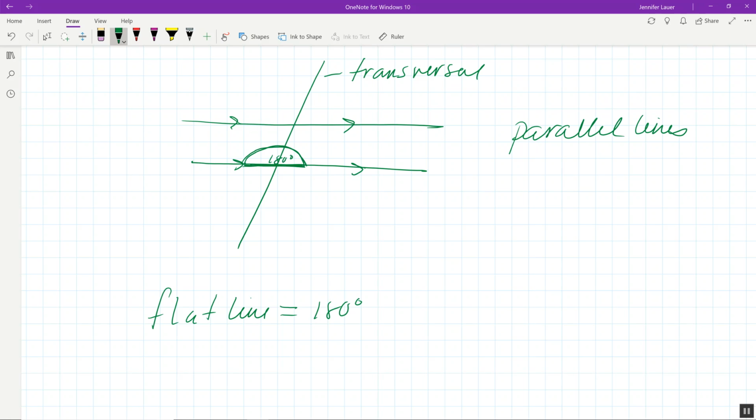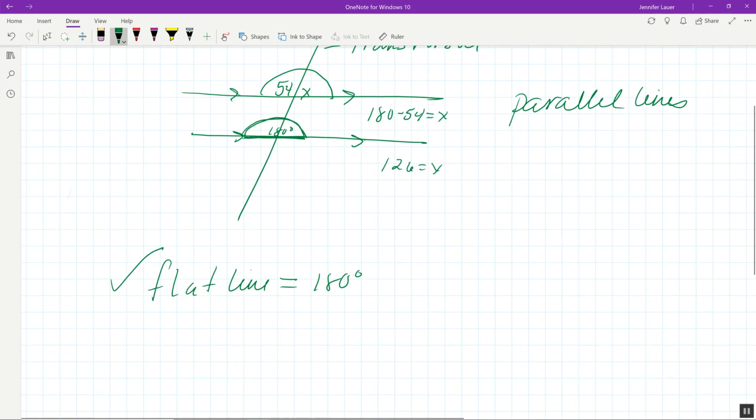If this was given as 54 degrees and they were asking what is x, we could easily say 180 minus 54 is x, and 180 minus 54 is 126. That's why that piece of knowledge is important.